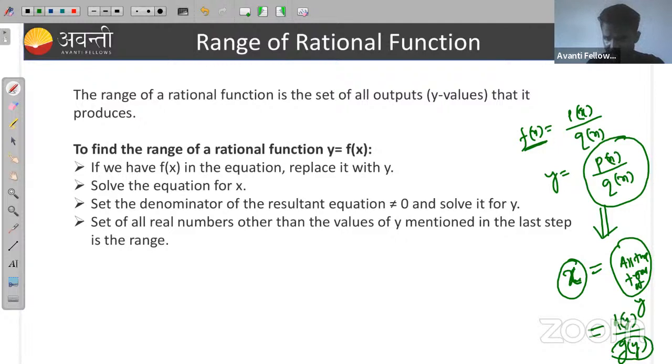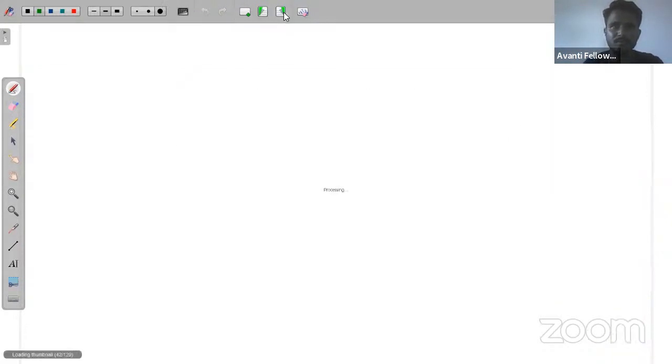If g of y becomes 0, you delete that y, and that will be the range of the original function. We just saw how to find the domain of h of y upon g of y, and that domain will give you the range of this. I'll show you right now.